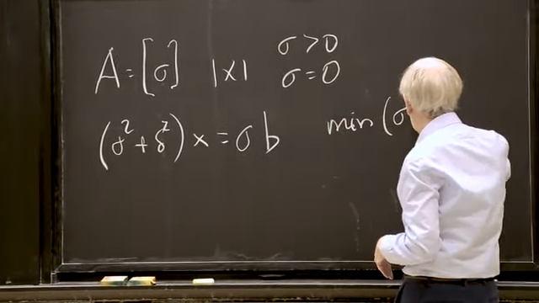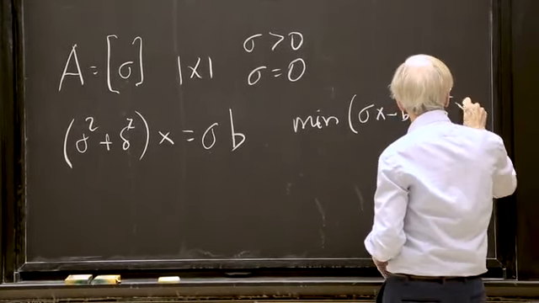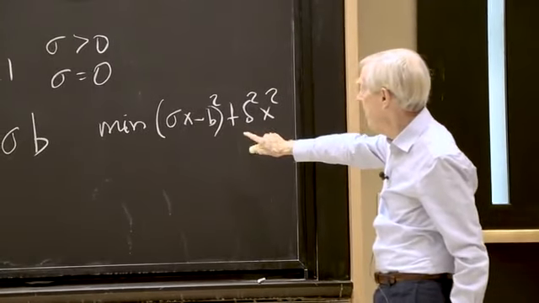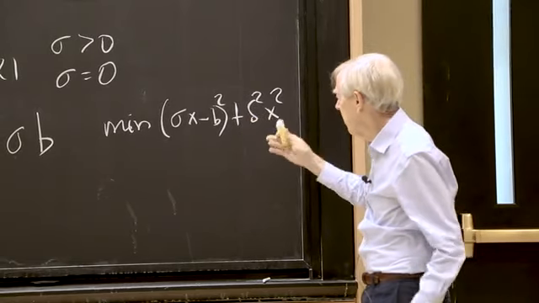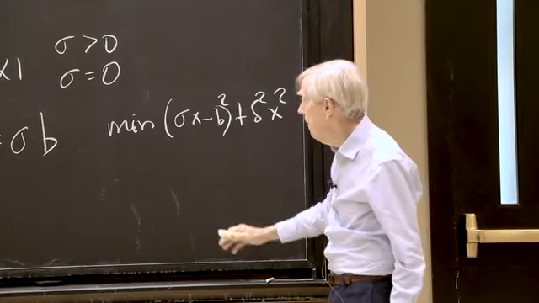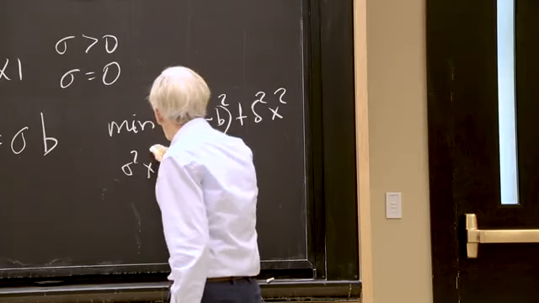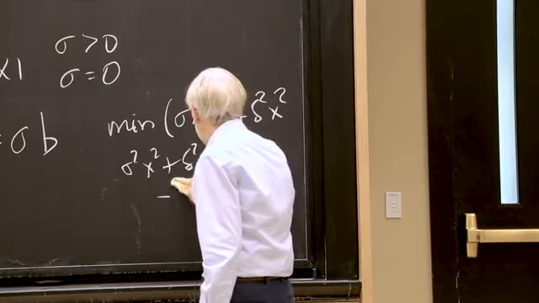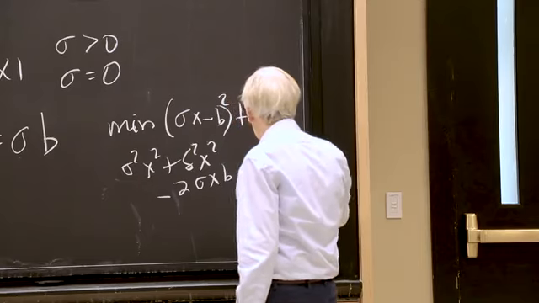So I'm finding the minimum of (sigma x minus b) squared plus delta squared x squared. I'm hoping that that calculus will agree with linear algebra here, that if I find the minimum of this, so let me write it out: sigma squared x squared and delta squared x squared, and then minus 2 sigma x b, and then plus b squared.